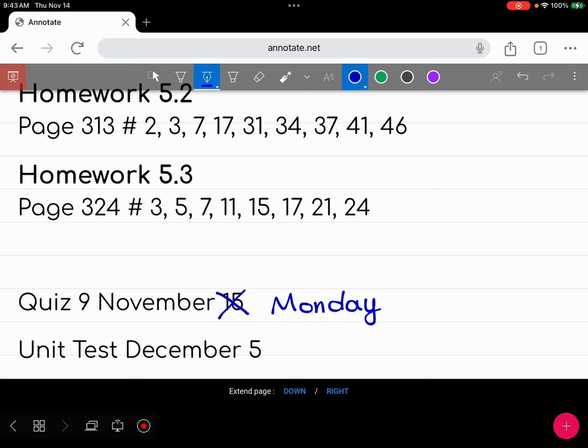I do have the review. If you'd like the review to have it today, I have them here. I'll put them on the table at the front so that you can grab one on your way out. You'll also be able to pick them up tomorrow.